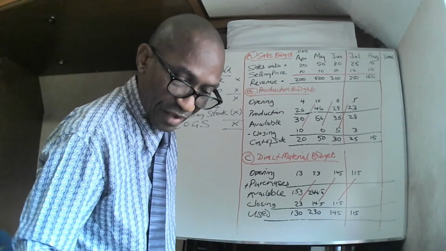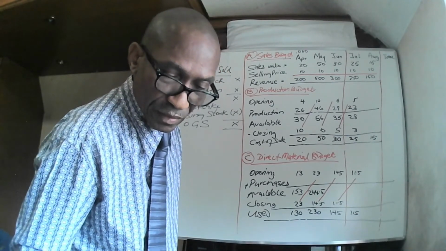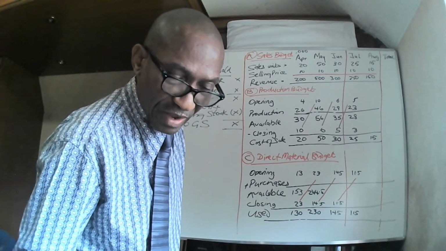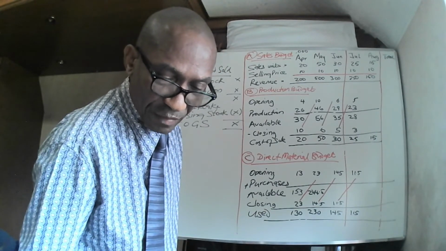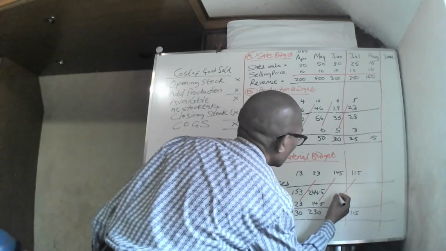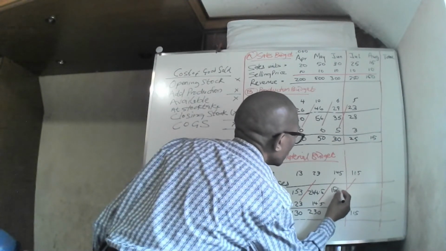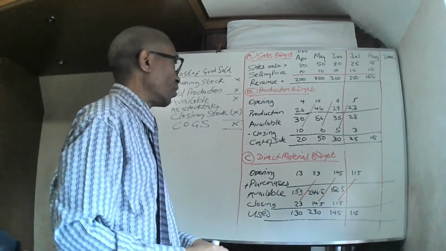And then 145 plus 11.5 gave me 156.5, 156.5. That's it for that so far.